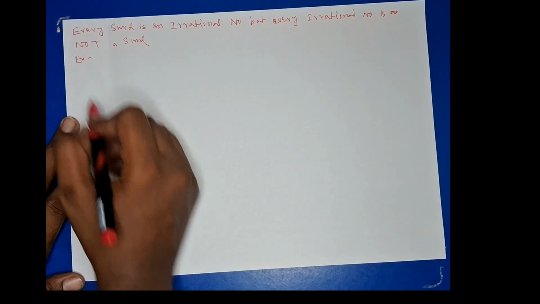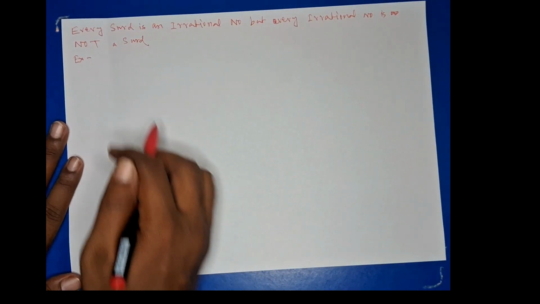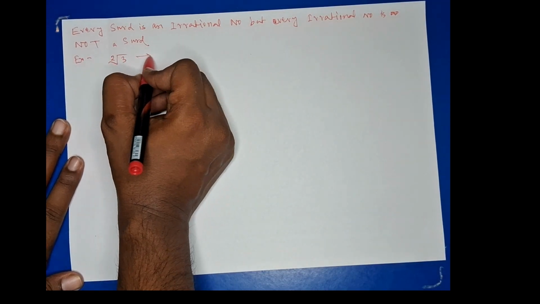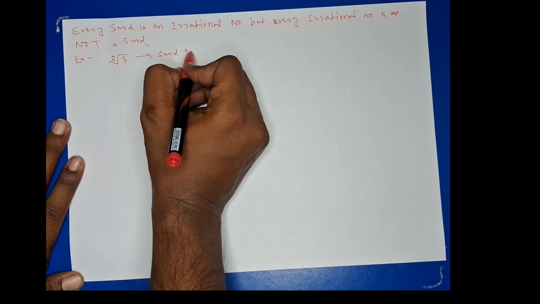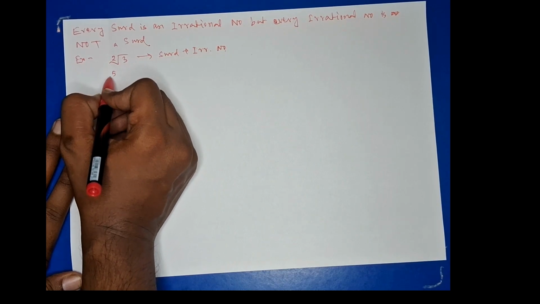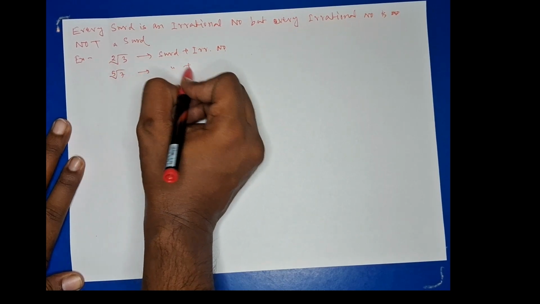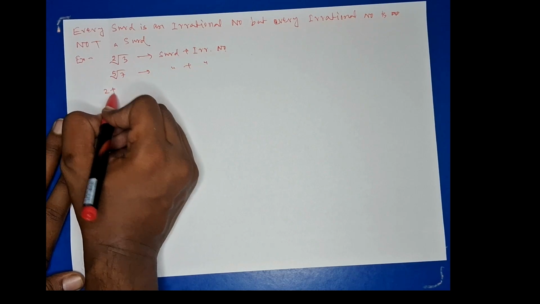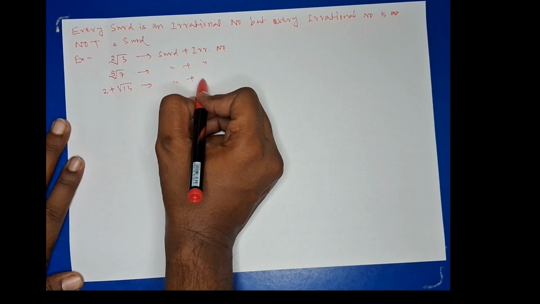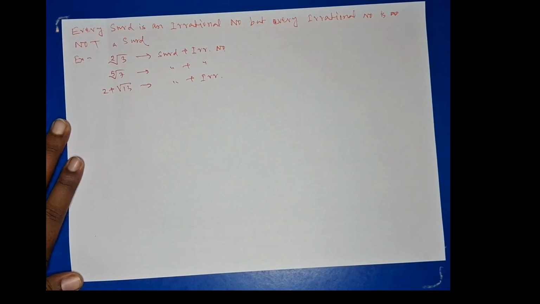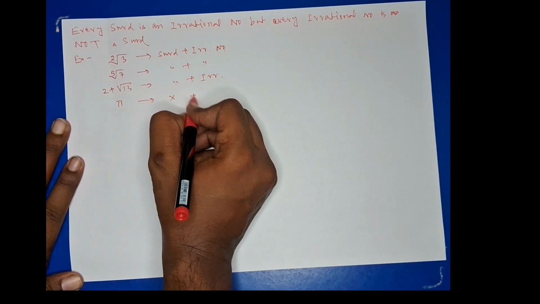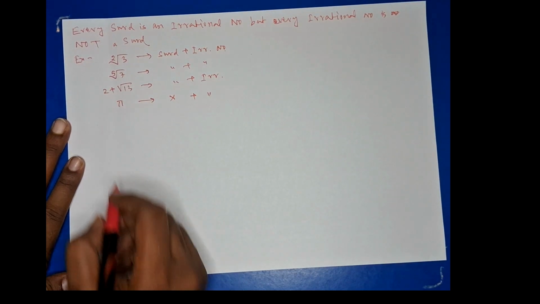Suppose, for example, if I take 2 root of 3, this is a surd plus an irrational number. 5th root of 7 is also a surd plus an irrational number. 2 plus root 13 is also a surd plus an irrational number. But if I consider pi, this is not a surd but an irrational number.